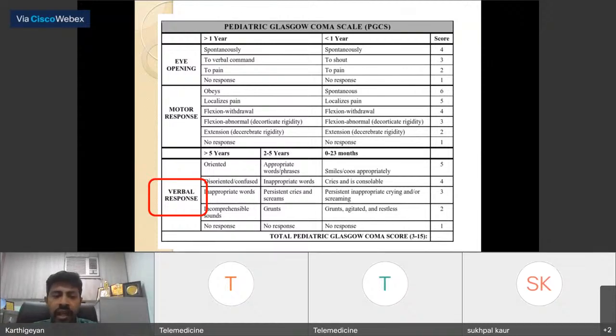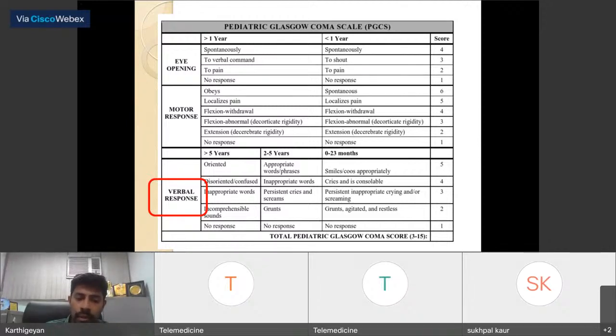And again, if the child cries to a painful stimulus and the cry is consolable, then it's considered as 4. If the cry is inconsolable, then it is read as 3. A child who grunts or is agitated to a painful stimulus, we grade it as 2.